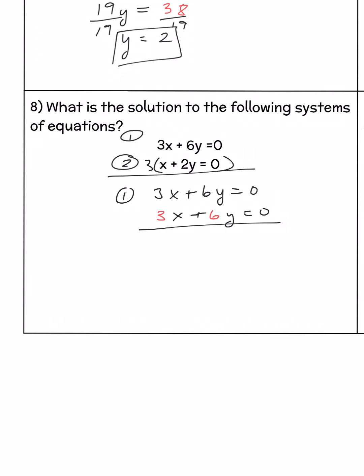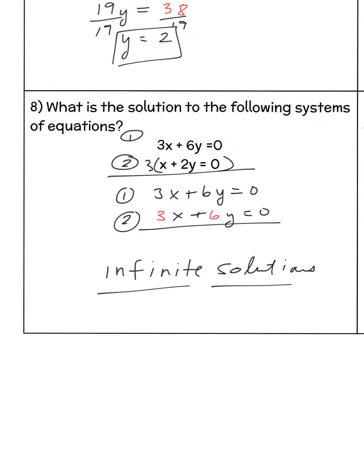Do you notice how these two look exactly the same now? I multiplied the bottom by 3, and look, they look exactly the same. So if I have the same equation, infinite solutions. This is a very helpful hint. Take a look at your equations and see if one equation can be written the same way as the other by multiplying it by a certain factor.